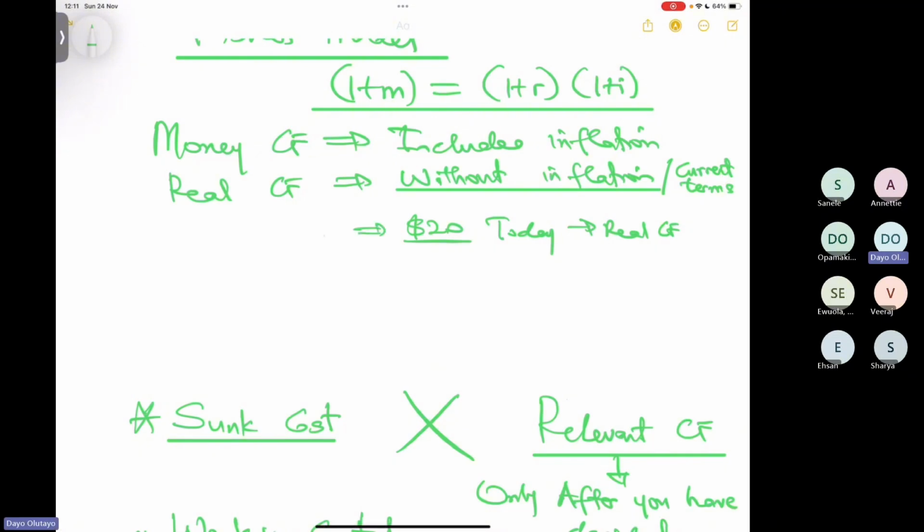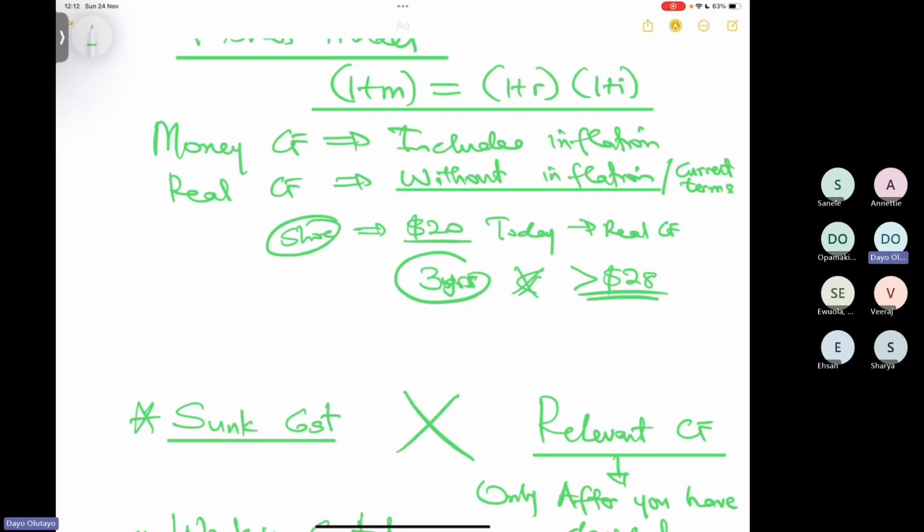Remember, what are you buying? Just a pair of shoes. The same shoe in 3 years' time. Would that same shoe cost $20? No, it will not cost you $20. It will cost more because there will have been inflation. So most likely in 3 years' time, the shoe might be $28.